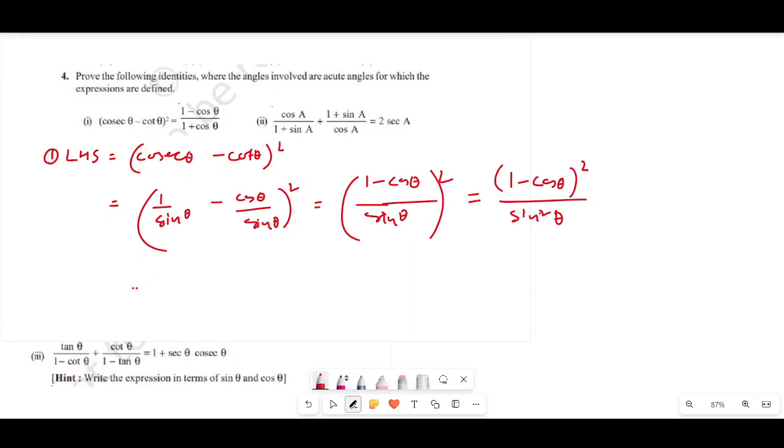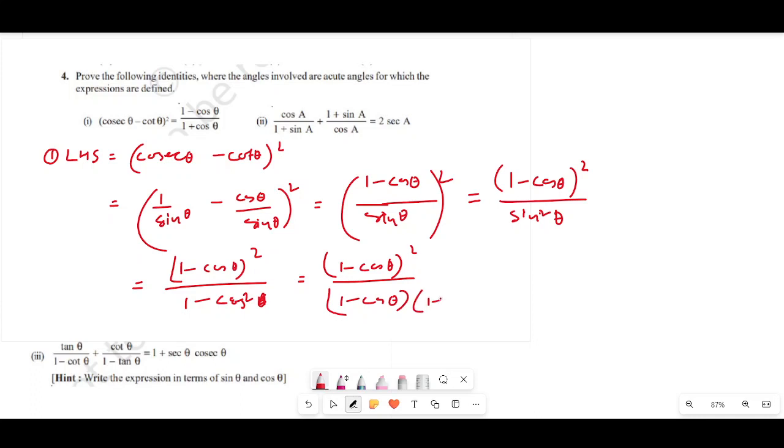Then we can write (1 minus cos theta) square upon 1 minus cos square theta. Clear? With the help of the formula a square minus b square, we can write 1 minus cos theta into 1 plus cos theta. So 1 minus cos theta will be cancelled out. Here it will be 1 minus cos theta upon 1 plus cos theta, which is equal to the right hand side of the given question.